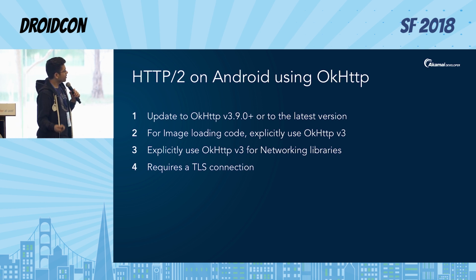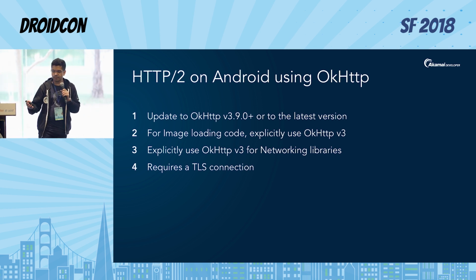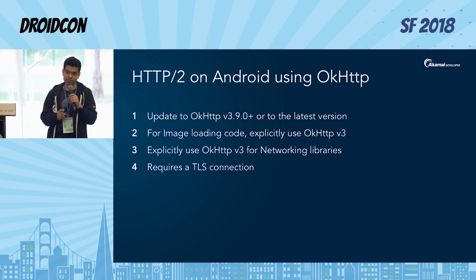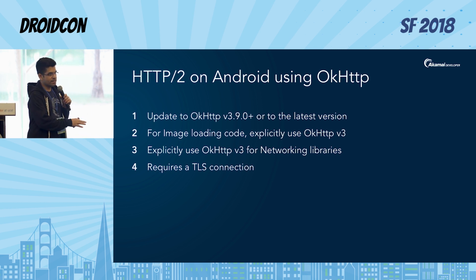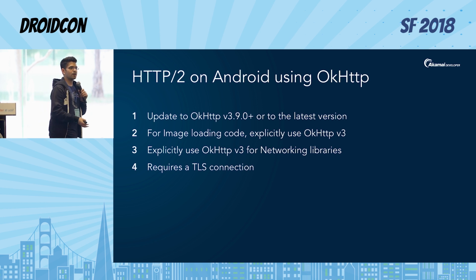If you're using any of the image loading libraries, just have them use OkHttp version 3. Same goes for the networking libraries. The thing to note is it will work only on TLS connections. This was not by design. The HTTP 2 spec doesn't actually ask you to use HTTPS or TLS connections, but all of the major browsers, including Android, are now asking every request to be HTTPS.